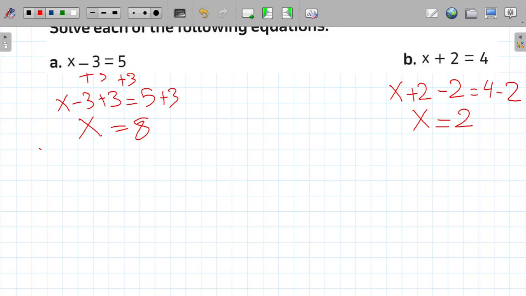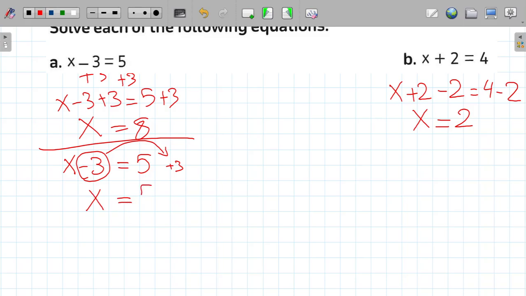So if I have x minus 3 equals 5, I will send negative 3 to the other side. It will be plus 3. So I will have here just x, and here I have 5 plus 3.